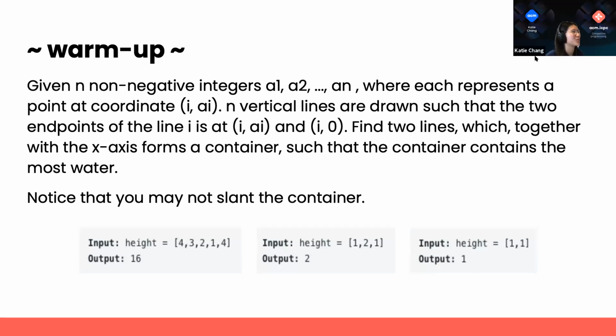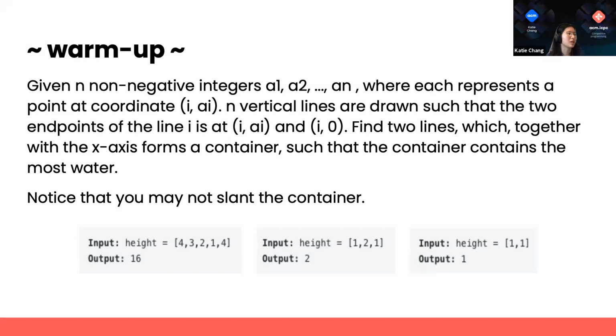Really interesting warm-up problem. If we're given non-negative integers at coordinates (i, a_i) and (i, 0), we have to find a line that, together with the x-axis, contains the most water.